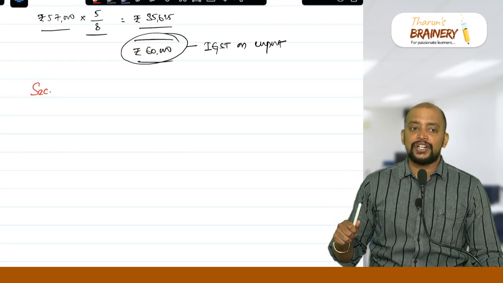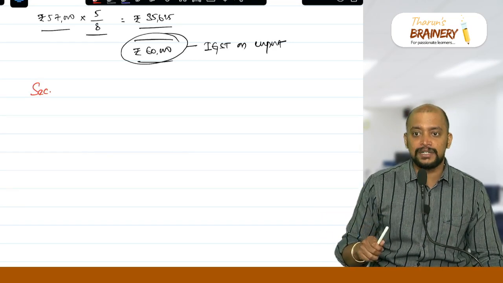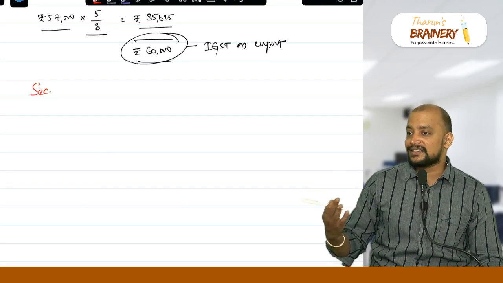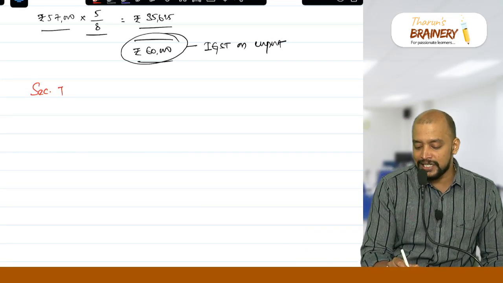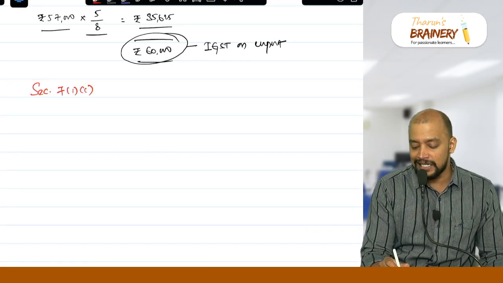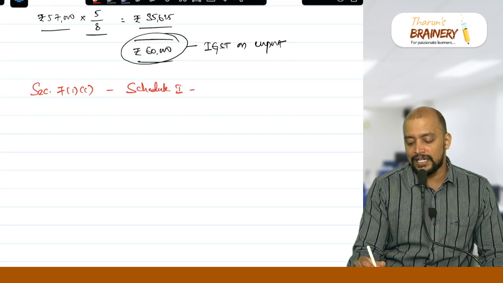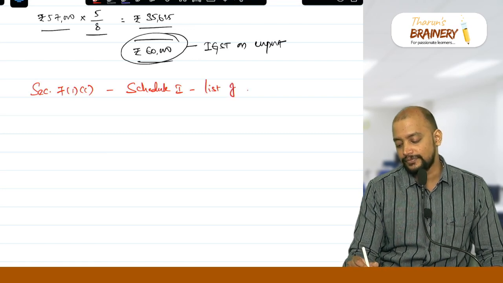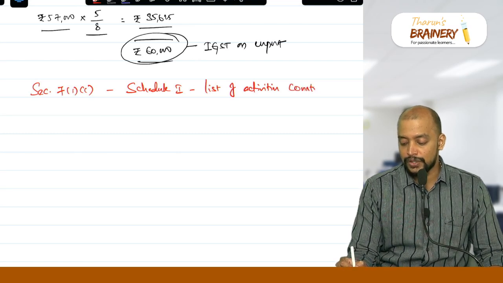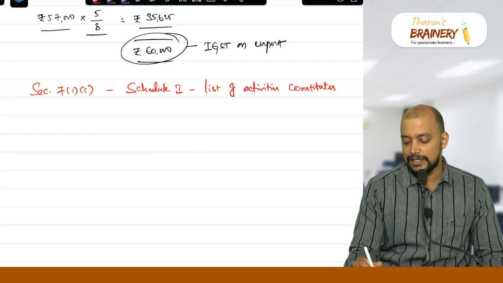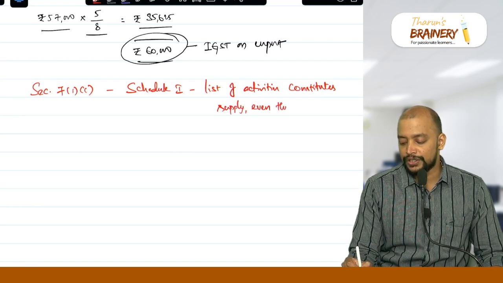At intermediate level and all, you should be thorough with section numbers, because when you are writing in the exam, they expect you to be proficient in that. That's why: section 7.1c is Schedule 1. What is Schedule 1? List of activities that constitute supply even though without consideration.